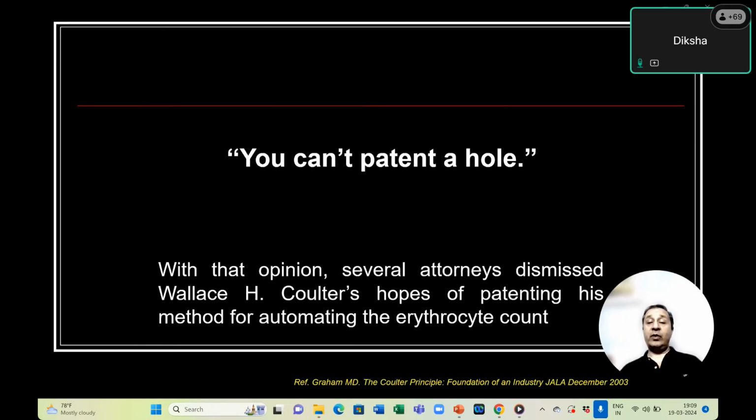And with that opinion, he had to take the help of a lot of counsel to really get a patent for what he had defined. It's a different story that a few years later, this found its way into the system, and people accepted it as a part of the patenting process.